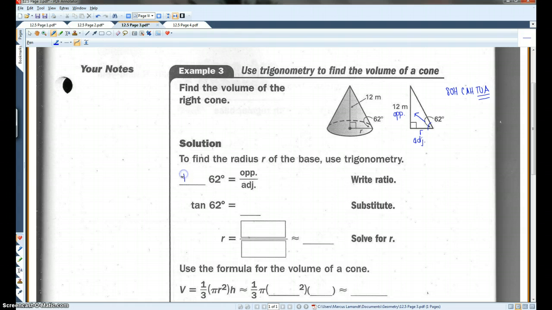So, tangent of 62 degrees is opposite over adjacent. Tangent of 62 is going to be 12 over r. Now, if I multiply both sides by r, this goes away, and then I can divide both sides by tangent of 62. So r equals 12 divided by tangent of 62 degrees. Now we can pull out our calculator again.